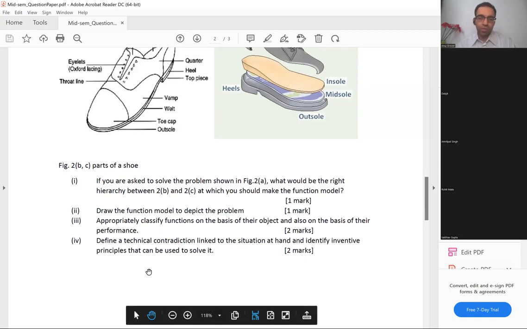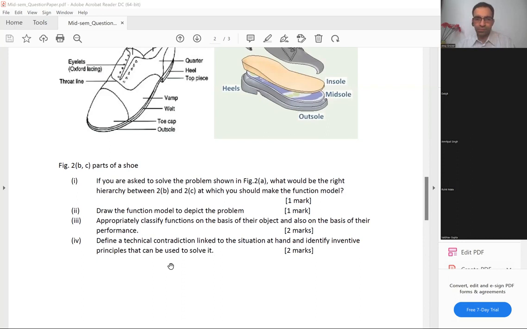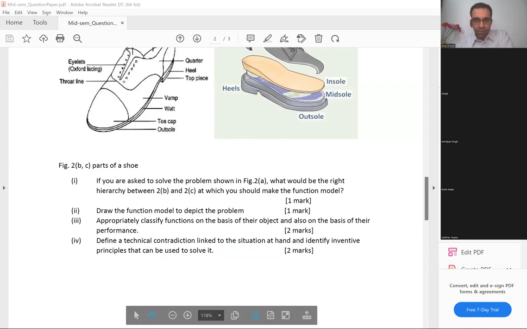Okay. So what about classifying the functions? Do you remember how to classify the functions? Let us look at the rubric.